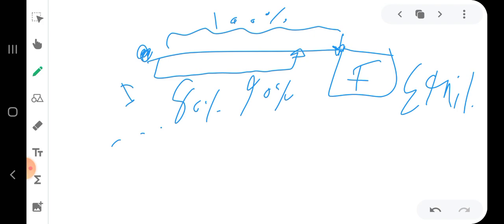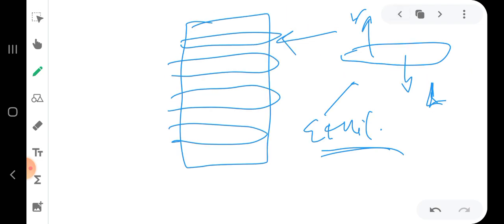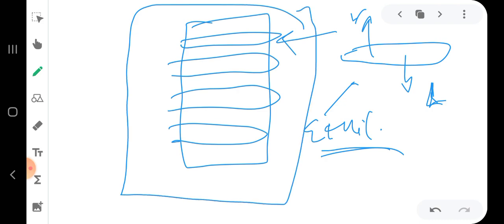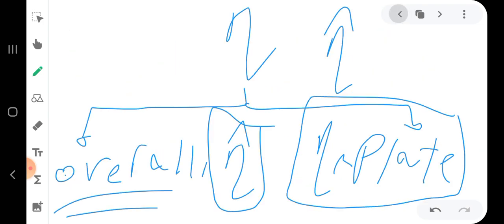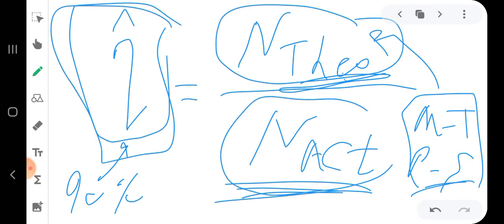And this percentage will be determined per plate, so it is not the overall efficiency. The overall efficiency that we have just discussed is for all the stages, where you have the theoretical number of stages and an overall efficiency, and you divide them to get the actual stages.